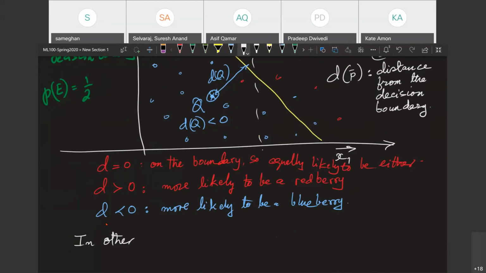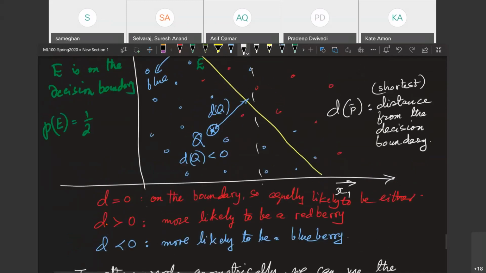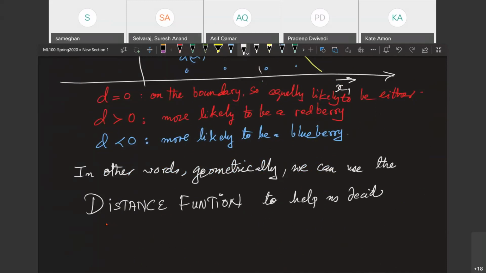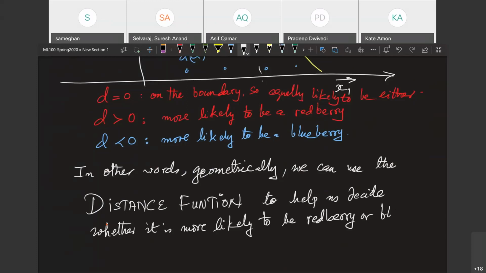In other words, geometrically, we can use the distance function to help us decide whether it is more likely to be a red berry or a blueberry.